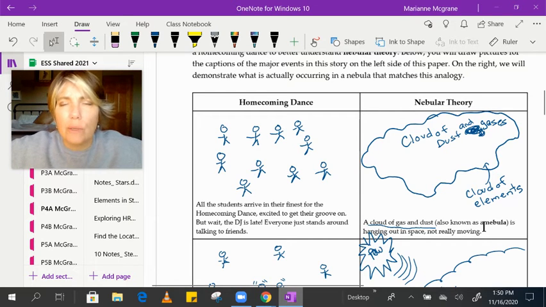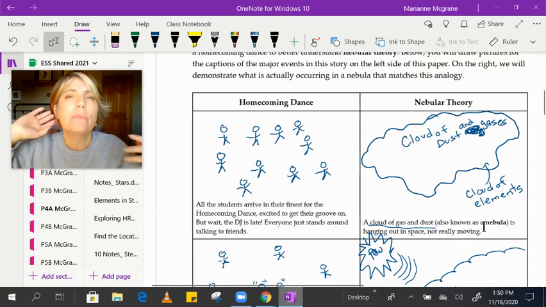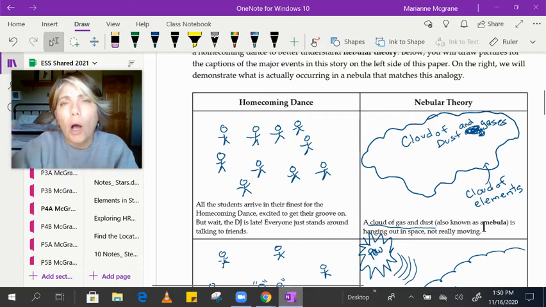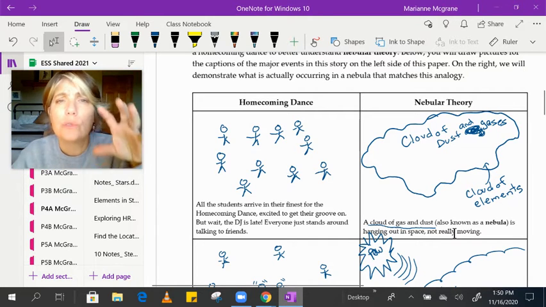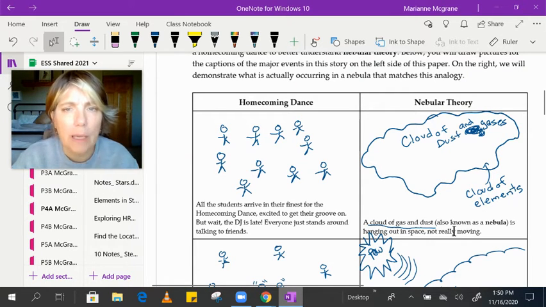It's not really moving or doing anything. There's just lots of potential at this point. All of the elements that we find in our planet today come from this cloud of dust and gas. So what I want you to do is pause the video, draw the pictures, and then start the video again when you're ready.